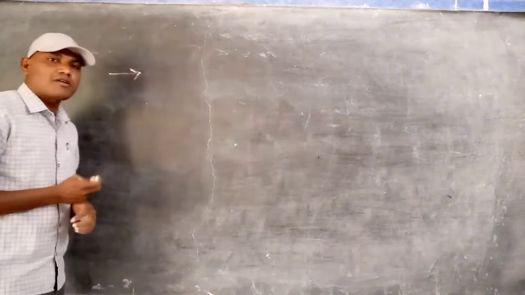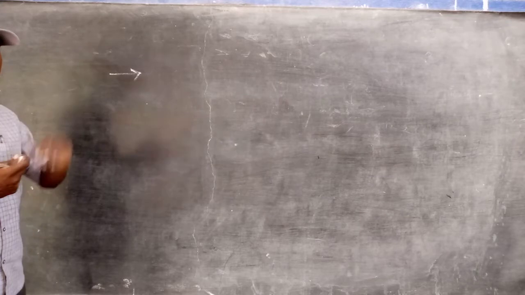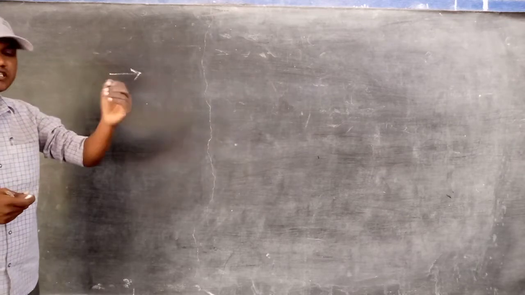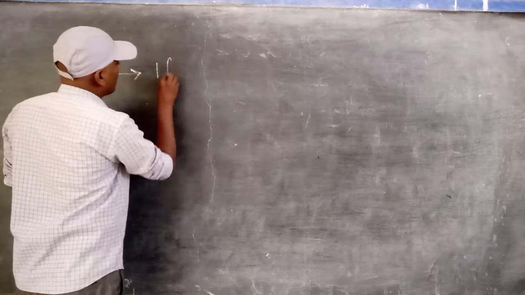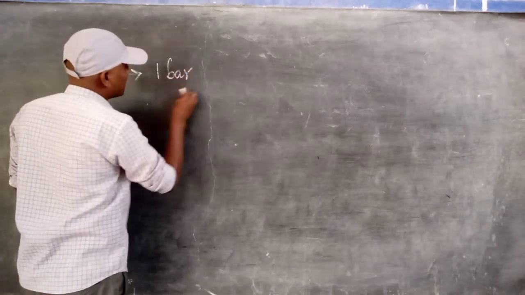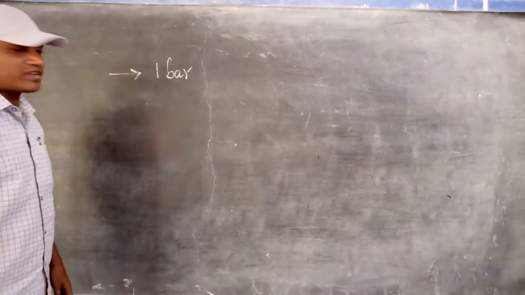But in the meteorological department, atmospheric pressure is measured in another unit, called bar. 1 bar is a meteorological unit. Listen very carefully.